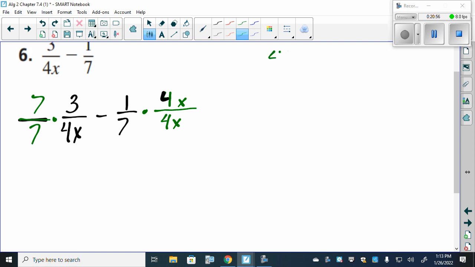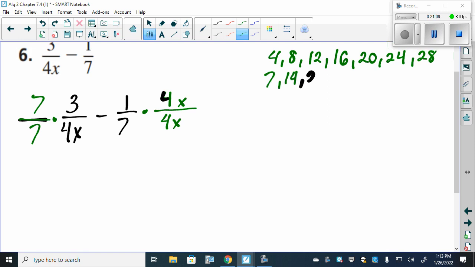If we wanted to check it, one way is to look at the multiples of 4 and the multiples of 7: 7, 14, 21, 28. Well, 28 is the first number that both of these turn into. So it works out that this is the correct setup.